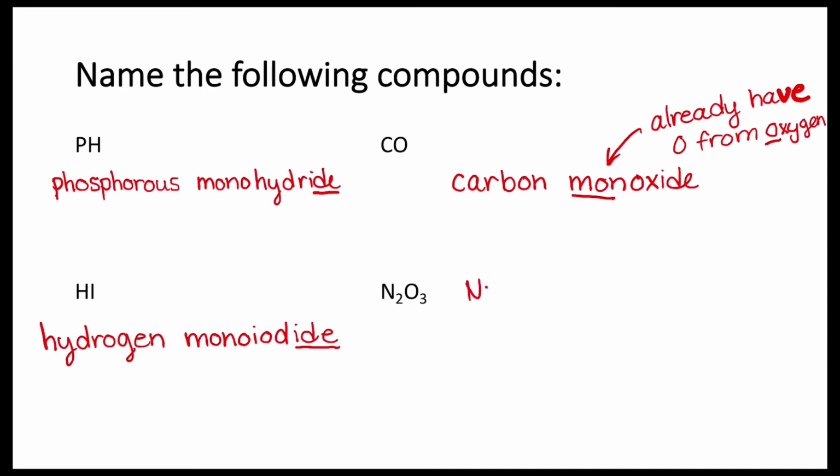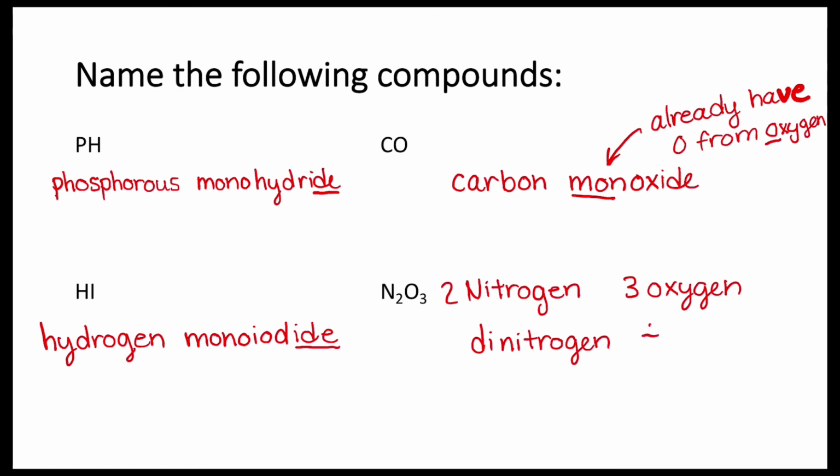Here we have 2 nitrogen and 3 oxygen. So this means 2 is the prefix di, followed by the element's unchanged name, so dinitrogen. 3 is trioxide.